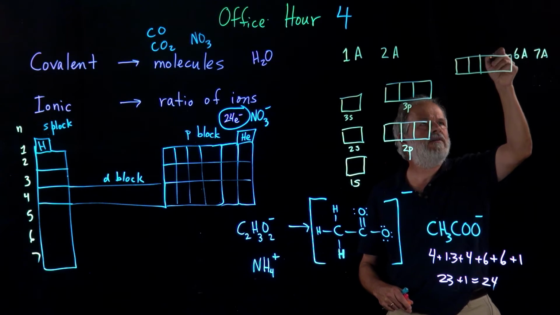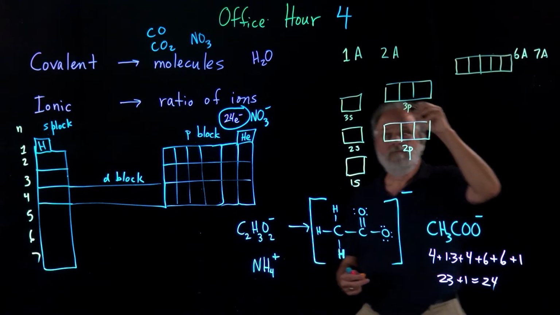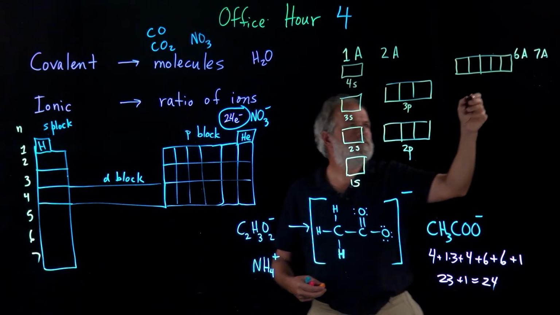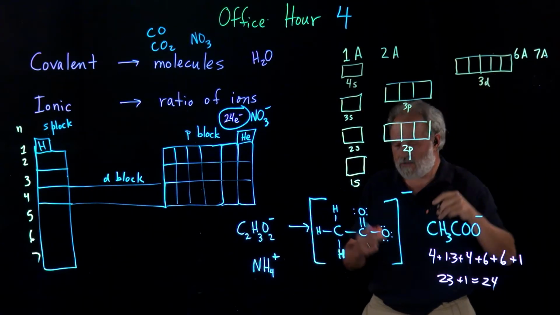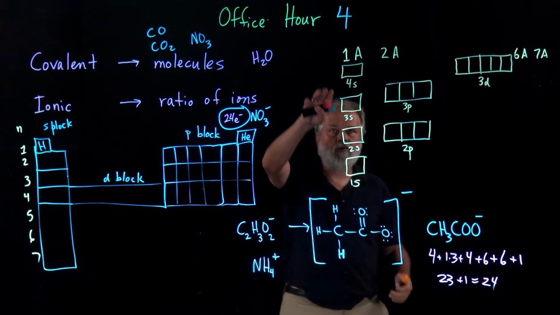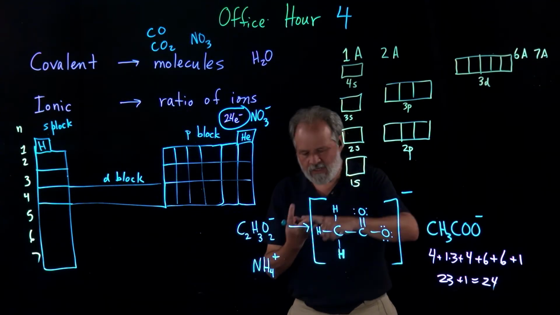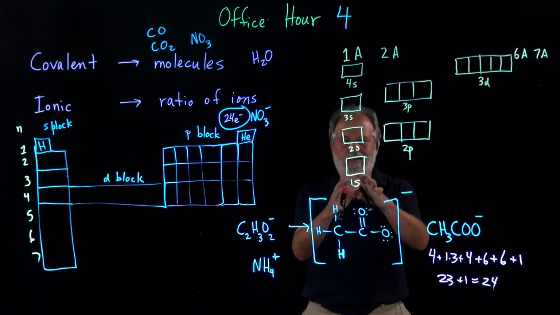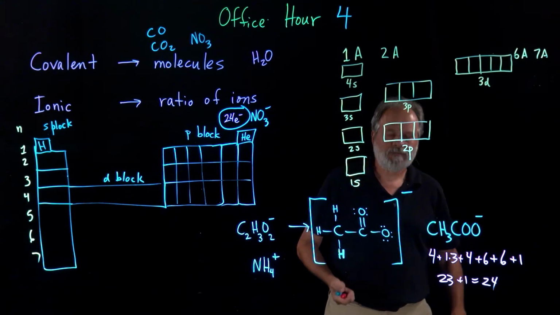Hopefully I can draw these. So row 4, there's a 4s, a 4p, a 4d, and a new type called 4f. Basically every time you go to a new shell, you get a new type of box.